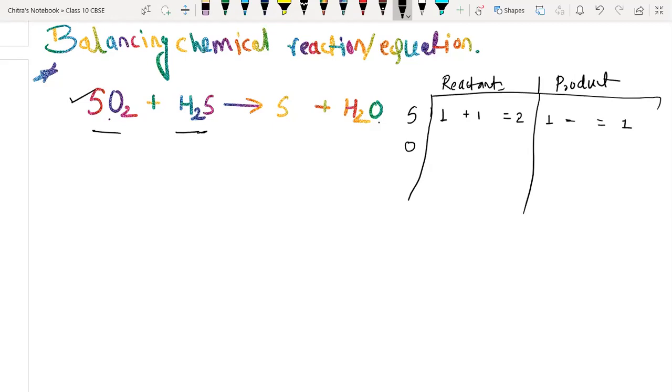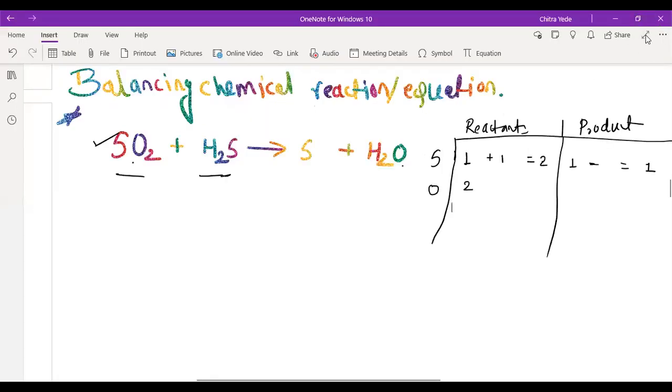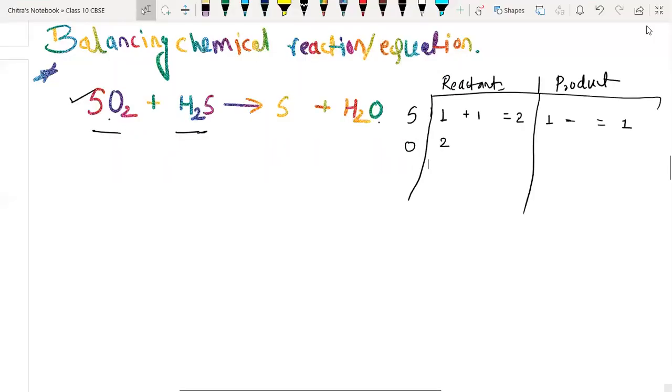For oxygen, in the first reactant we have two oxygen atoms, so we write 2 here. Yes, any doubt? No, sir. Okay. In the second reactant we do not have any oxygen atom, so we write a dash, or we can leave it also, meaning the total number of oxygen on the reactant side is 2.